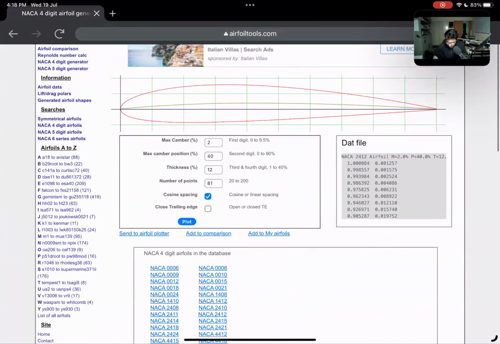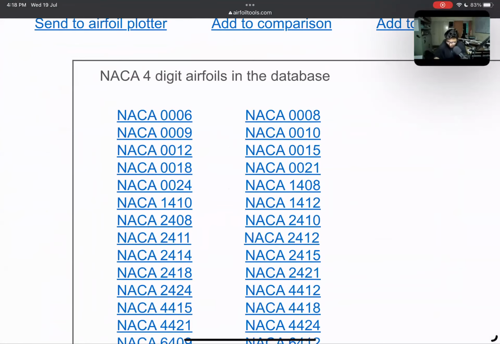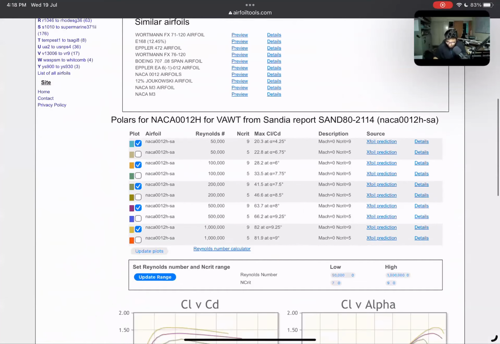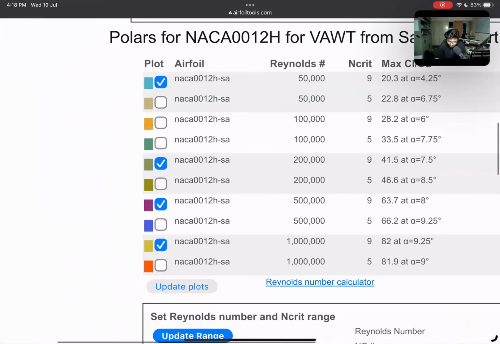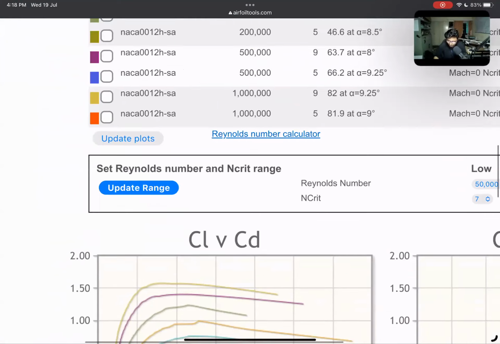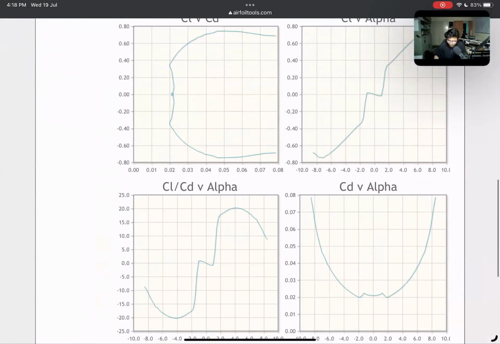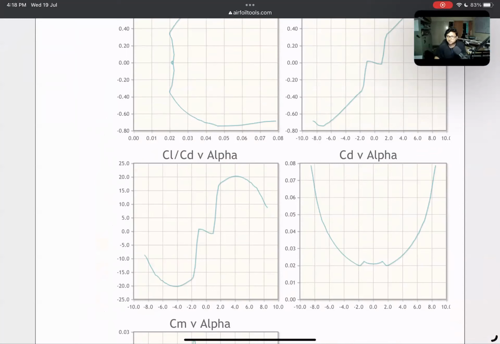Here you will find NACA 0012, click on it, and you will get all the details. This is at Reynolds number 50,000. I'm going to remove all the other results and update the plots, and you'll get all the plots required for your airfoil. Does that clear your doubt?